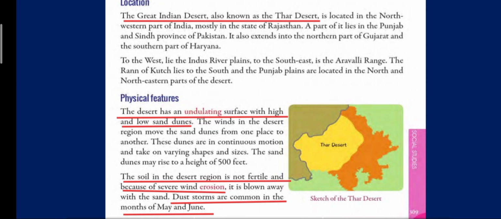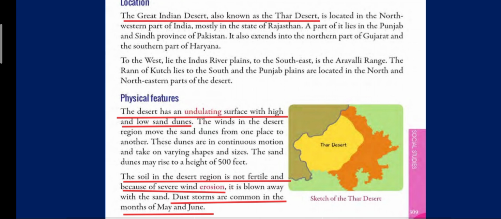That is why the soil in the desert is not fertile, and that is why a lot of crops cannot be grown over there. The most common plant which we can see over there is cactus.